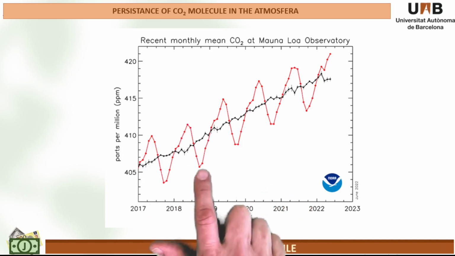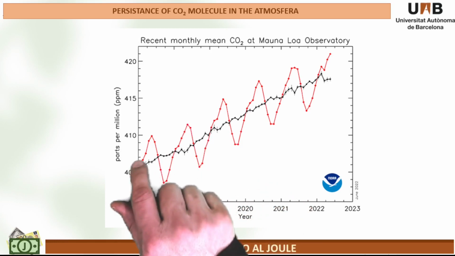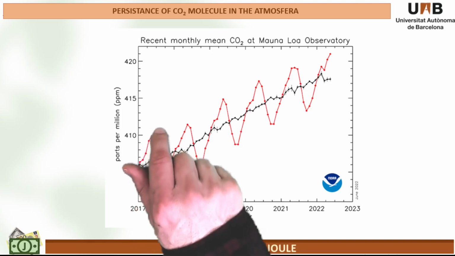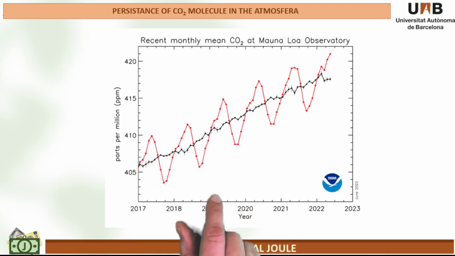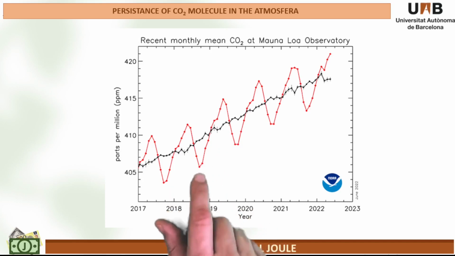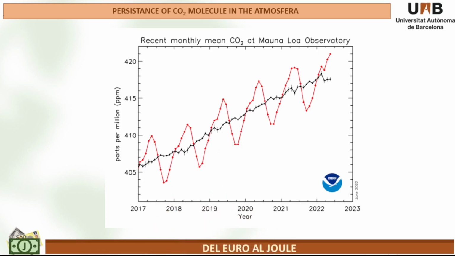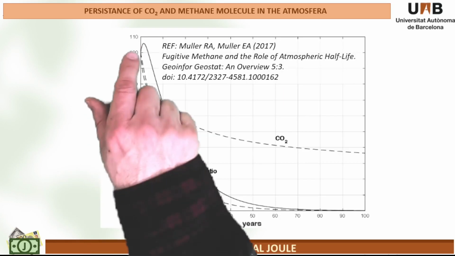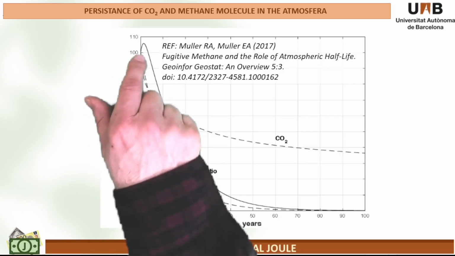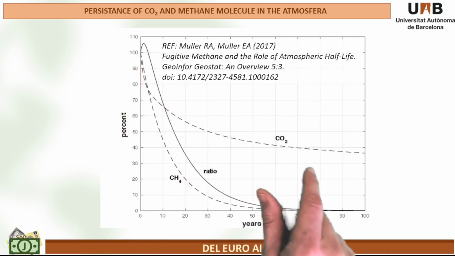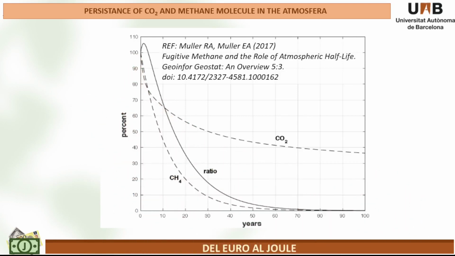The important fact here is that the amount of CO2 can be reabsorbed in the earth because of the absorption due to the trees and the vegetables in general. In this plot, we can see the decay of the molecule that we are emitting in terms of time.